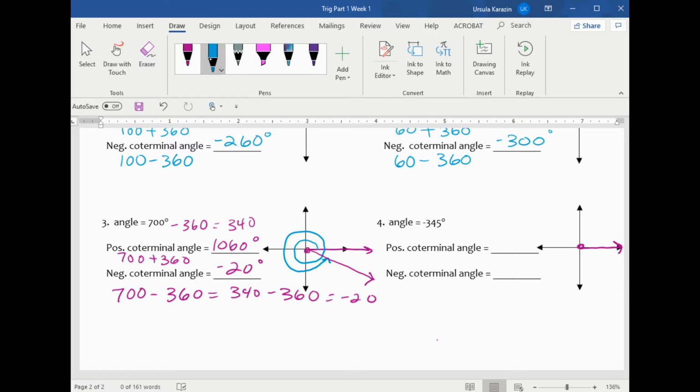This is 90, this is 180, this is 270, so I need to stop somewhere about there. That's where my terminal side needs to go, just along that blue arrow. The blue arrow helped me because I could go 90, 180, 270, and then a little bit more.